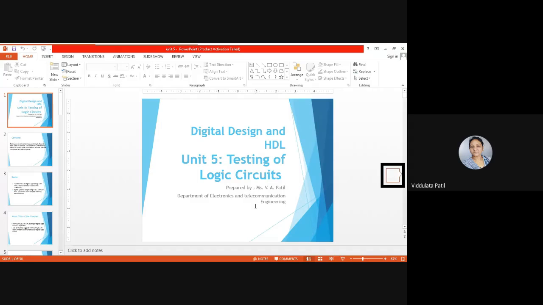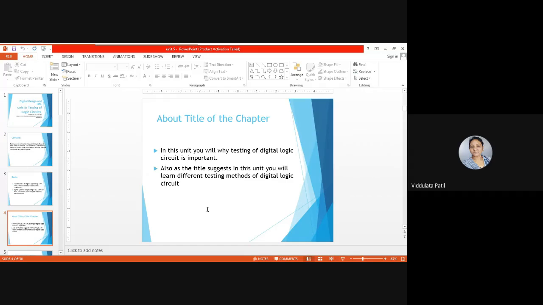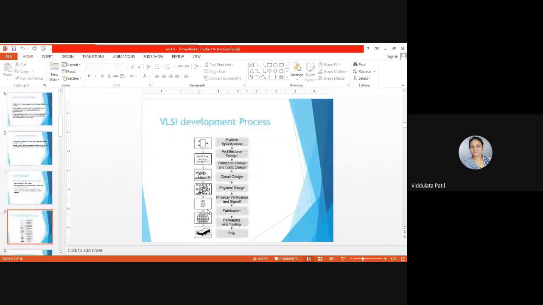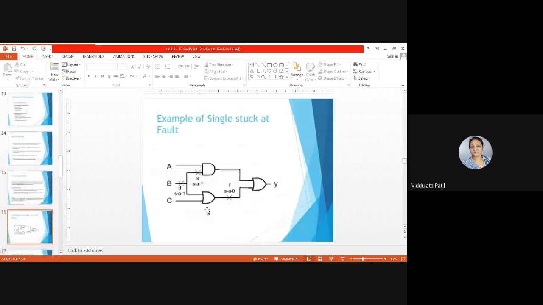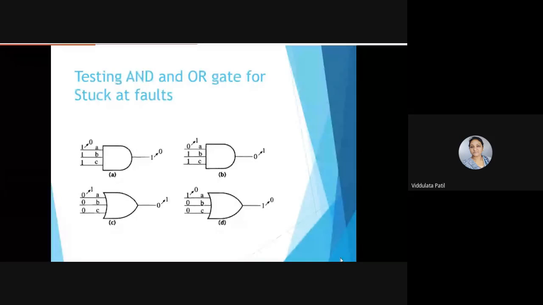In the last lecture we discussed how we can test it for a simple AND gate, a 3-input AND gate.